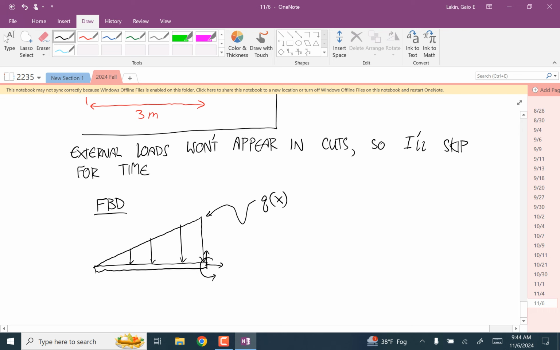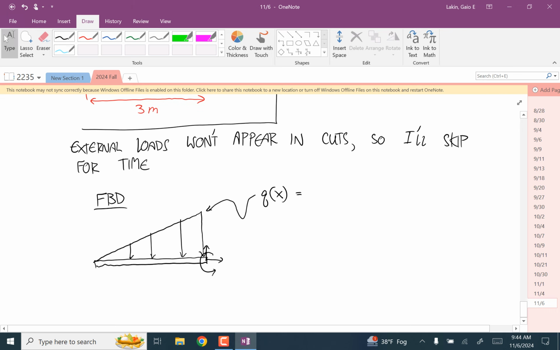Okay, so how do you find the equation for that line? Well, the slope is the rise over the run. So the rise is 1,000 and the run is 3. And when x is equal to 0, the distributed load is at 0.